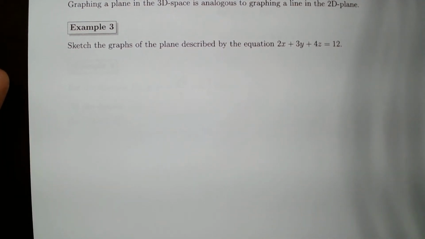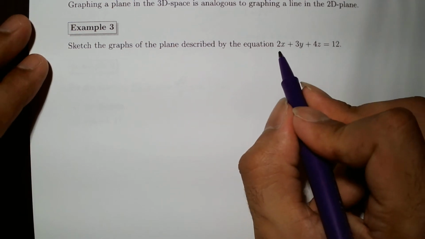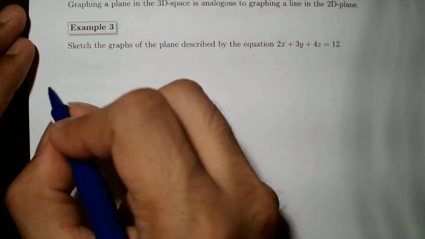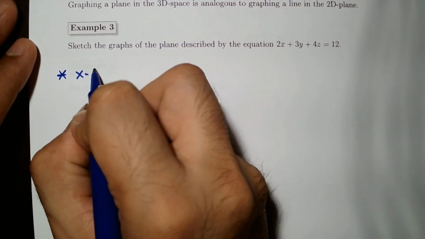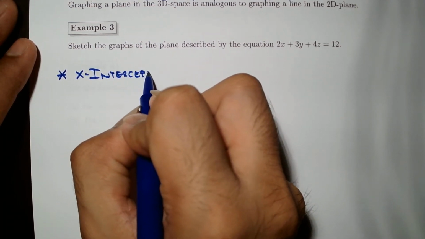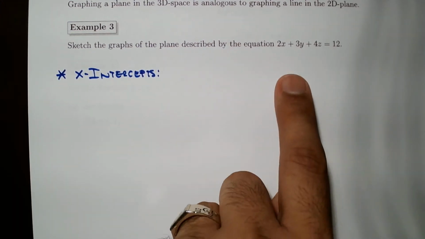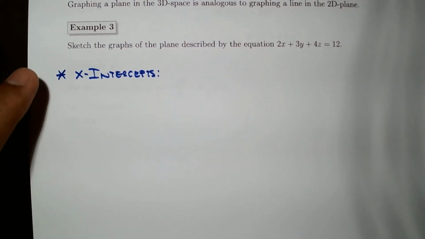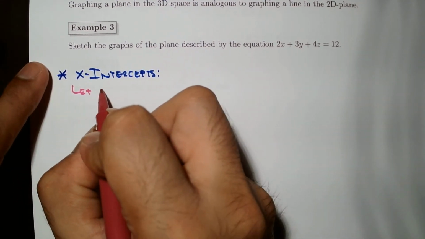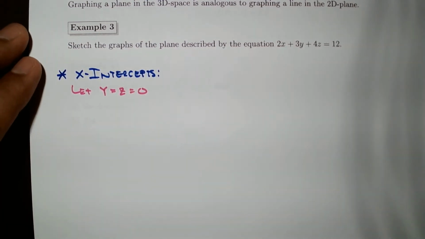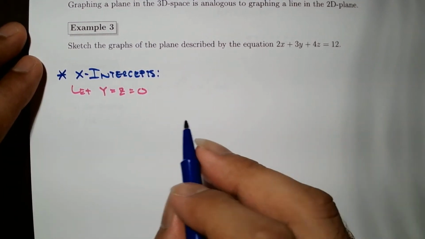Number 1, we are going to do this by finding the intercepts. First, the x-intercept. To do that, I'm going to cover y and z. In other words, I'm going to let the other variables y and z equal 0 and find the x-intercept.